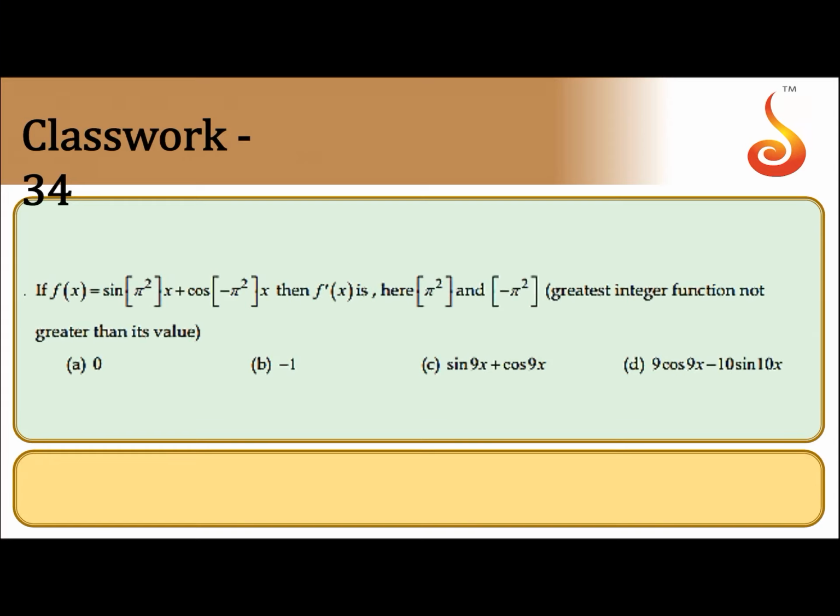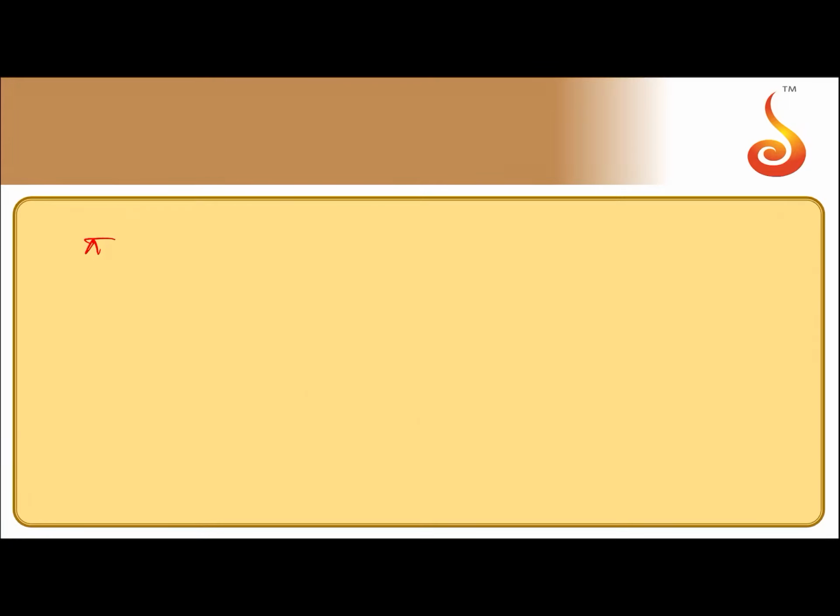Coming to the next one. f of x equals sine of integral part of pi square x plus cos of integral part of minus pi square x. So what is the value of f dash of x? Of course, clearly you can see that the pi value is approximately 3.1415, pi square approximately 9 point something.